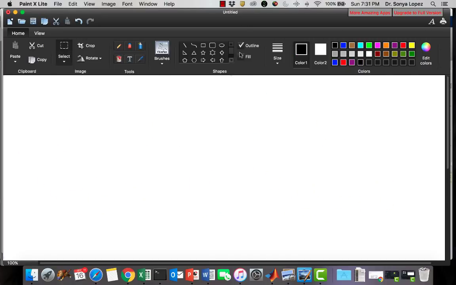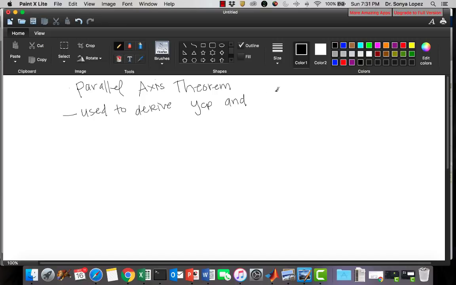So I'm not going to go over the derivation. The derivation is in your book, but essentially what you use in order to locate XCP and YCP is the parallel axis theorem, okay, is used to derive YCP and XCP.